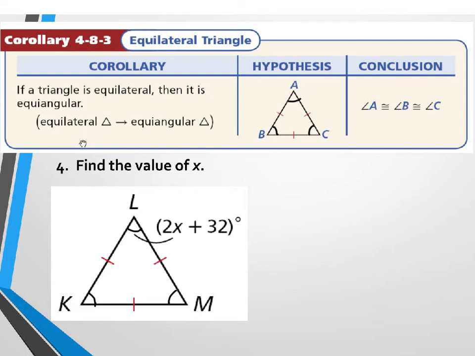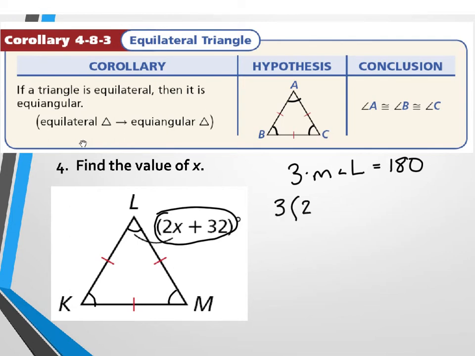So I can say 3 times our measurement of angle L is going to equal 180, because there are 3 angles in our triangle and they're all equal to this right here. So 3 times the 2x plus 32 is equal to 180. We have our equation that we need.